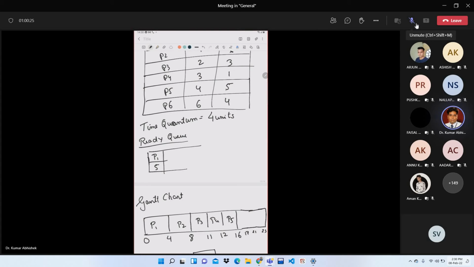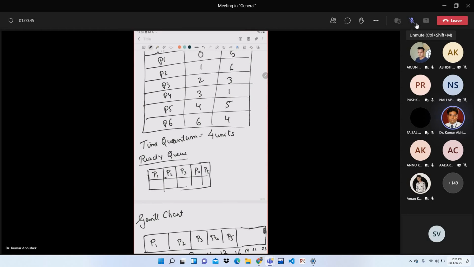But at time 4, we had P2, P3, P4, and P5. P2 had 6 burst time, P3 had 3 burst time, 1 burst time, 5 burst time.